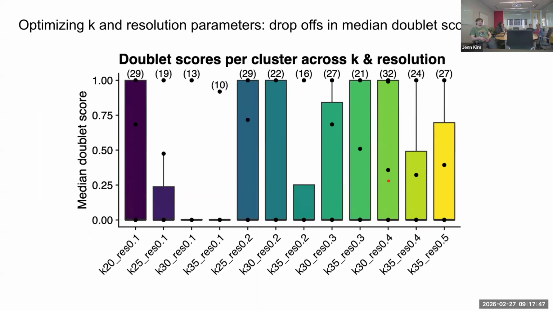And so here I looked further at the median doublet scores for clusters across all of these candidate K resolution combinations that had less than 50 clusters. So each bar is a K resolution combination, and the numbers above the bars indicate the total numbers of clusters in each of these. And every point on the bar plots is the median doublet score for any given cluster within this parameter combination.